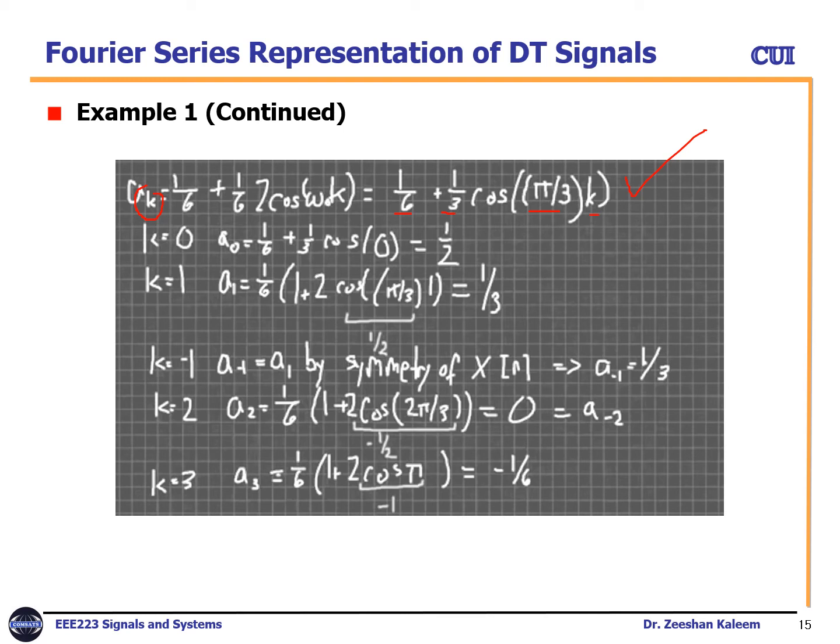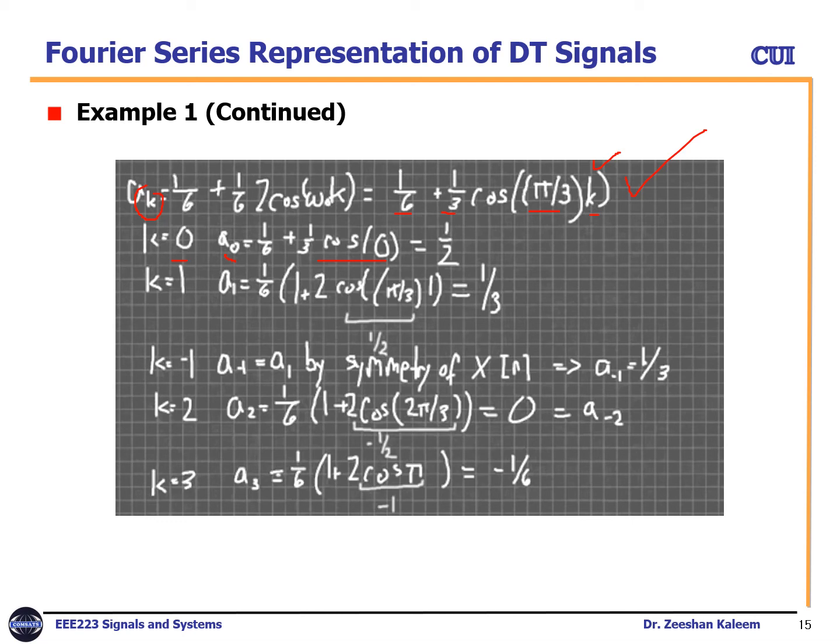Let's take the value of k at 0. So it becomes a0. Putting the value of k here, it becomes cos of 0. So 1 over 6 plus 1 over 3 cos 0 is 1 over 2.